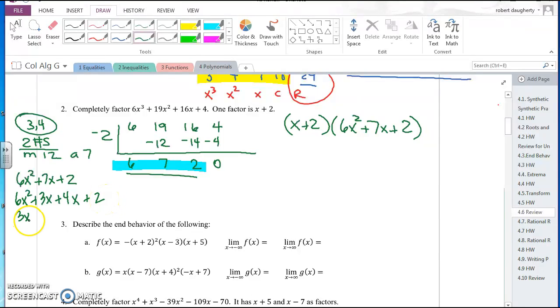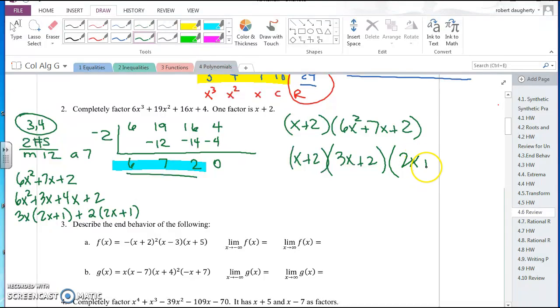If I factor out a 3x, I get 2x plus 1 plus 2 times 2x plus 1. So this is 3x plus 2 times 2x plus 1. So my final answer is x plus 2, 3x plus 2, and 2x plus 1. So that's the complete factorization of the polynomial.